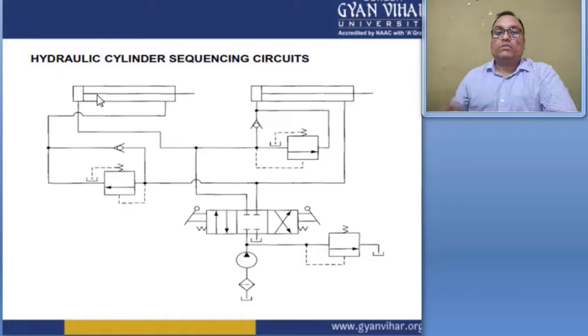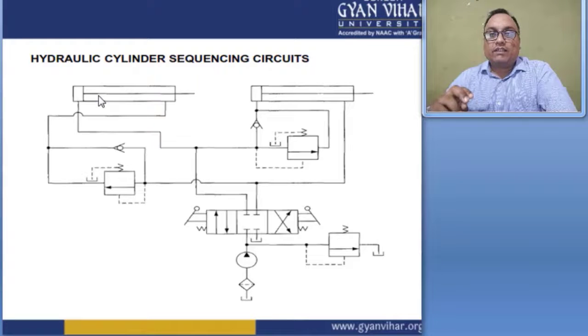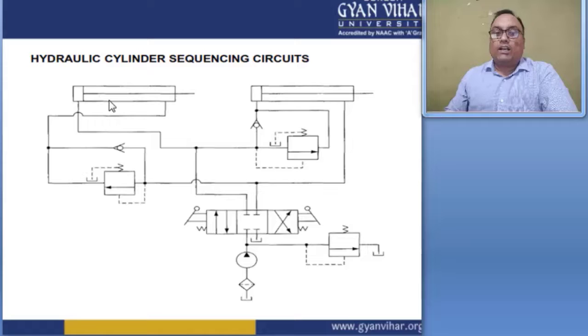So this is one kind of sequence valve operation. This sequence of cylinder operation is controlled by a sequence valve, and the spring centered position of the direction control valve locks both cylinders in place, right.